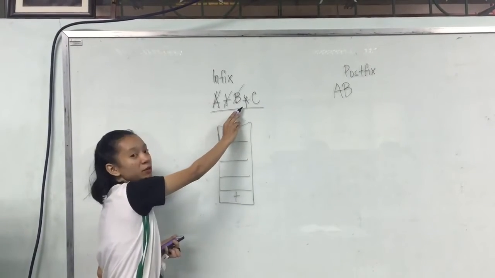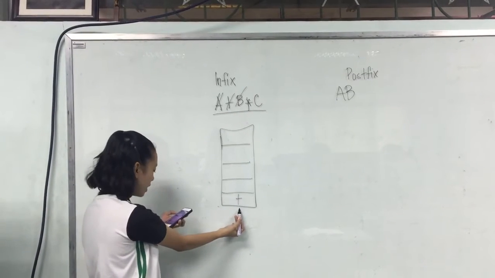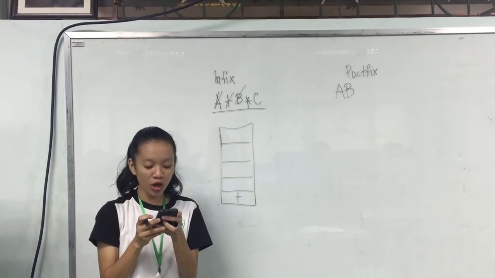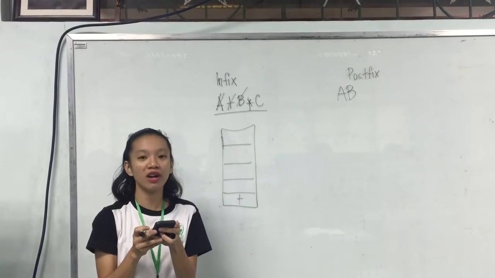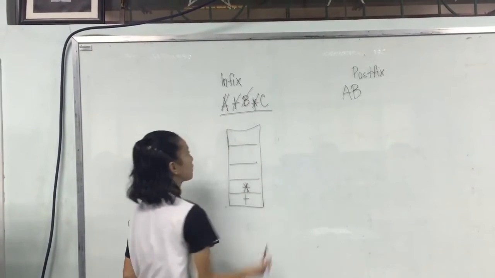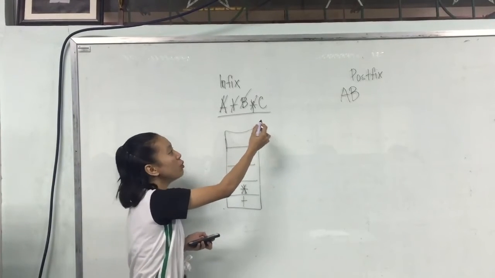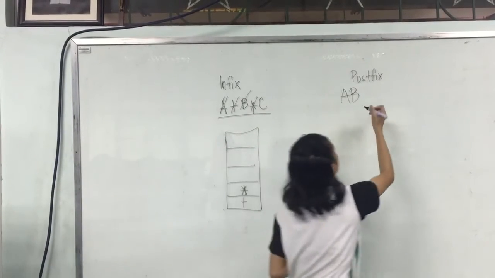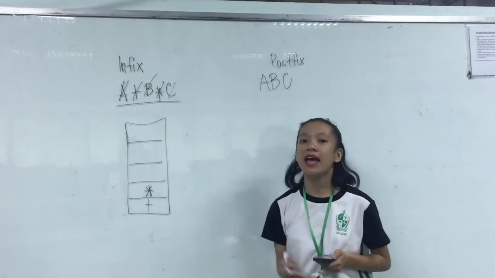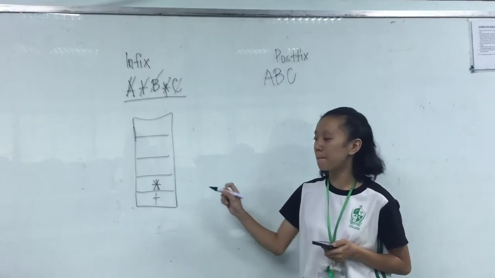The operator is multiplication, and the topmost is addition. If the topmost has a lower precedence than that of the symbol, push the symbol you are reading into the stack. Next is letter C. Since letter C is an operand, we write it on the postfix. Now, we're done reading the infix notation, and the remaining on the stack should be popped starting at the topmost.